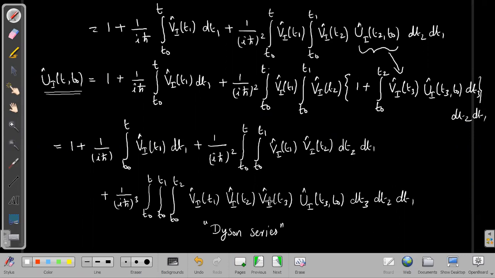Again, recall we have not made any approximation till now. Now we are going to make an approximation in the Dyson series. Since we got a Dyson series, in the first order approximation we can take only the first two terms, that is linear, only the first integration in time.